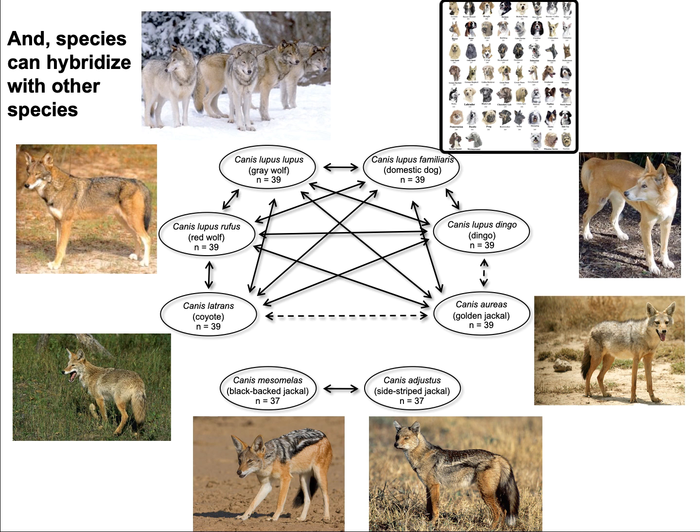So in dogs up over here, they can actually breed with gray wolves, red wolves, coyotes, dingoes, and golden jackals to form progeny that can reproduce. So there's variation in this way as well among not only species, but within species, that is, among the species within a genus sometimes. And of course, we know now this has happened among Homo sapiens that have interbred to form hybrids with Neanderthals and other species.